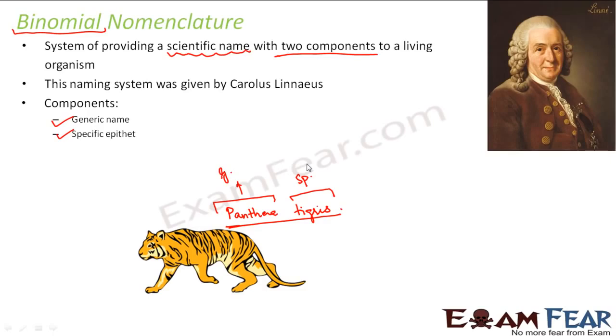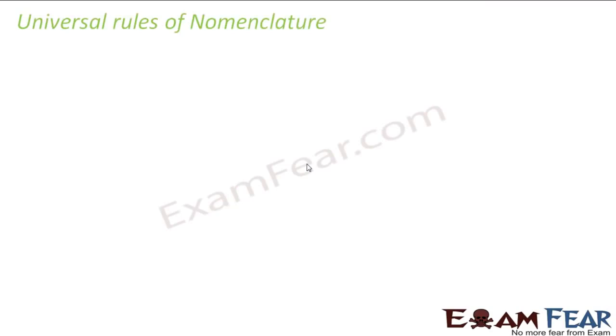Every organism will have a scientific name, be it a tiger, a lion, a human being, or any other organism. Now we will look at the universal rules of nomenclature. How are we going to name the different organisms? There were a set of rules which were set, and they had to be followed to name any living organism. So let us have a look at those rules of nomenclature.